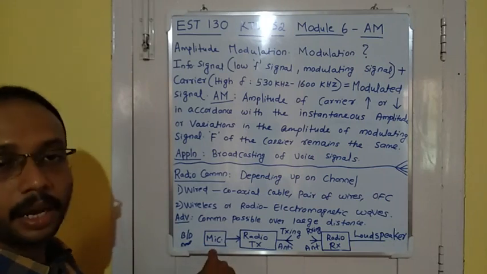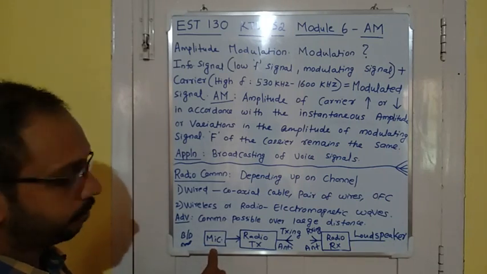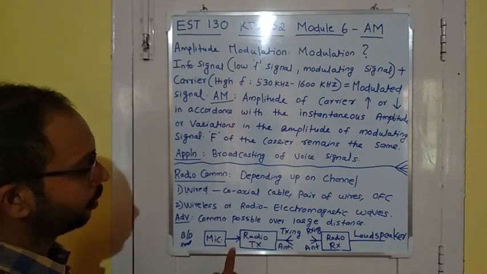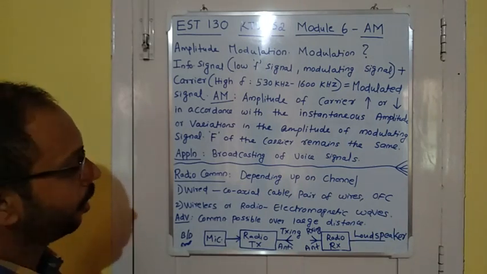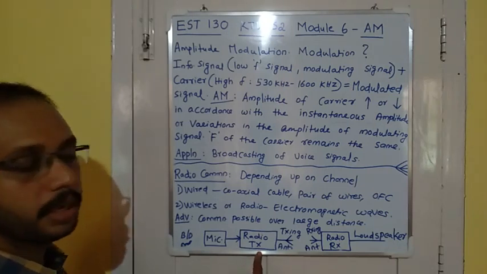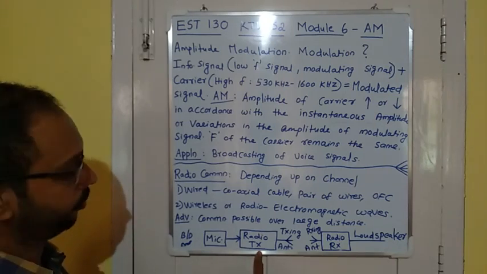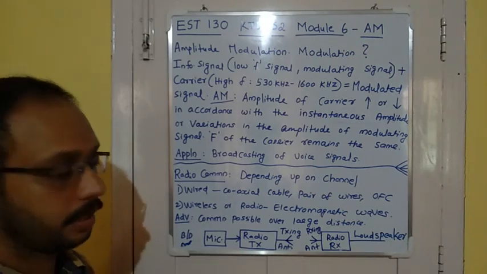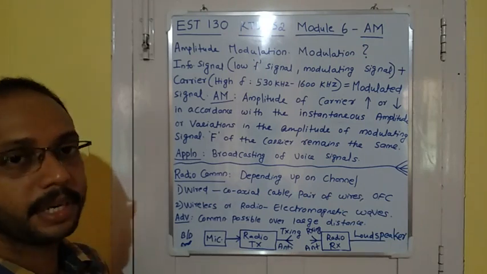We know that a mic is a device which converts voice to electric signals. These electric signals are converted to electromagnetic waves using a radio transmitter, and the radio transmitter transmits these signals through a transmitting antenna.